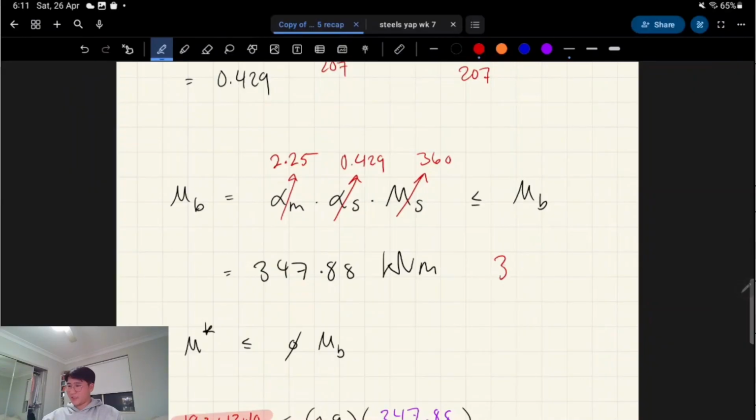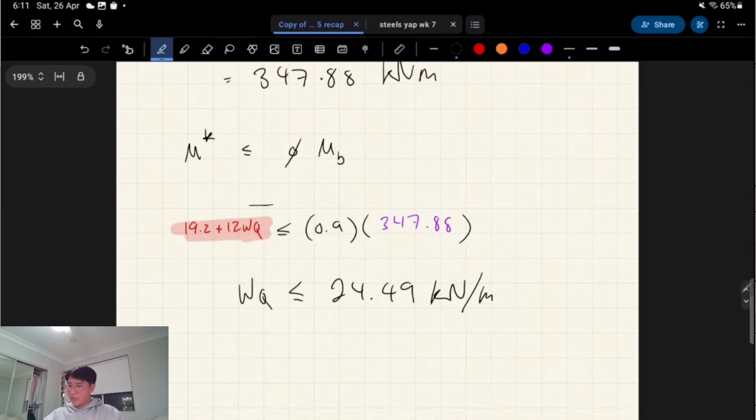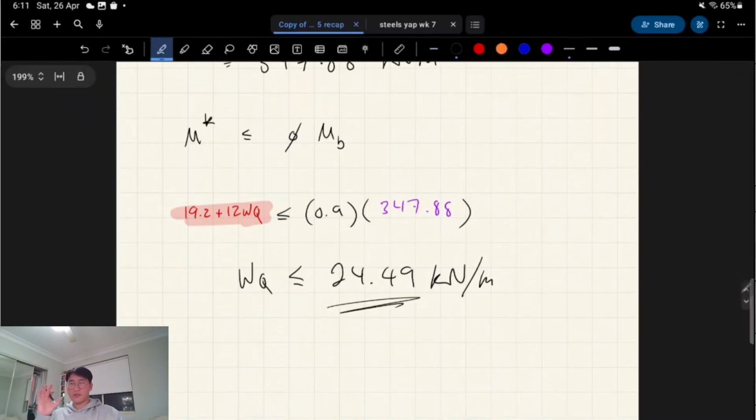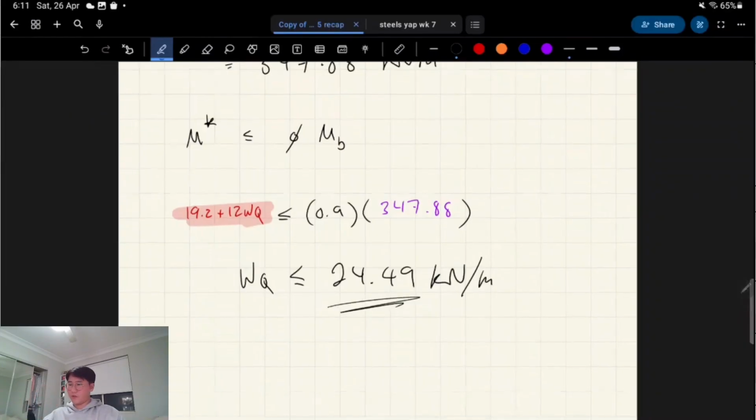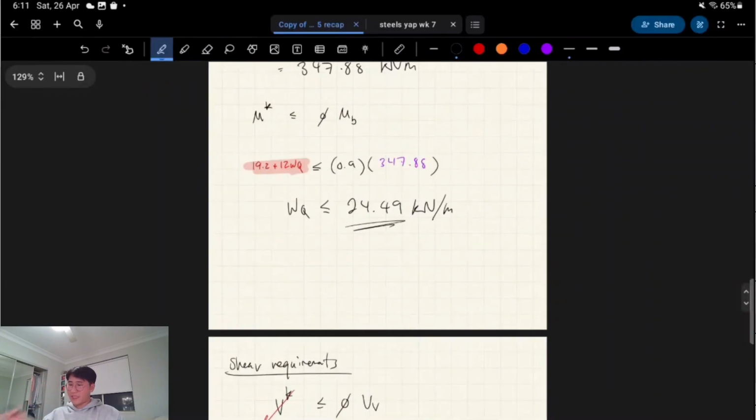So that's down from 360, right? Okay. Now, this is our final capacity once we've shrunk it by 0.966. When we plug in what we found for Ms as an expression of wq, we get this value. So wq is less than 24.49 kilonewtons per meter, right? Fantastic. So that's our value for flexure.